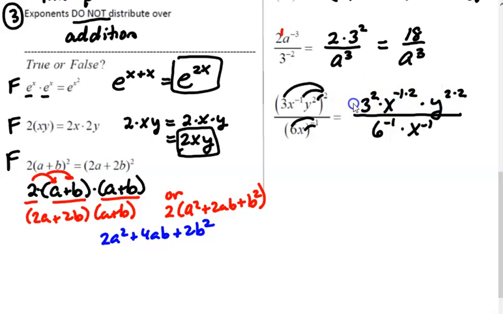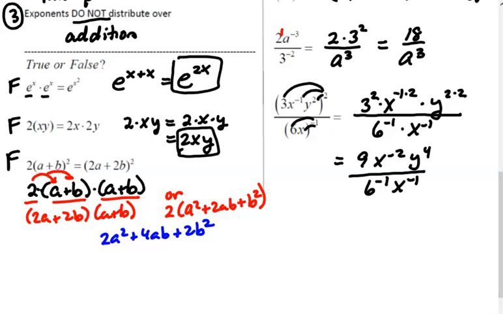So everything is being multiplied times itself twice. So this becomes 9x to the negative 2 y to the 4th over 6 to the negative 1 x to the negative 1.